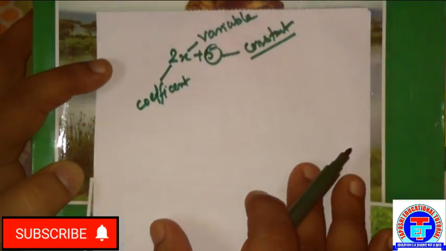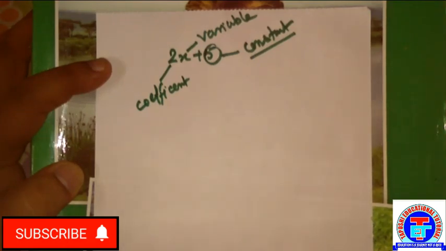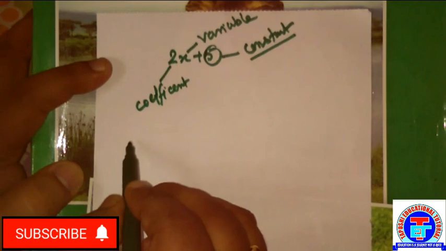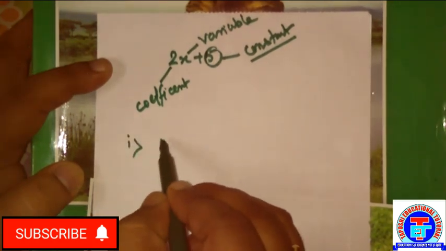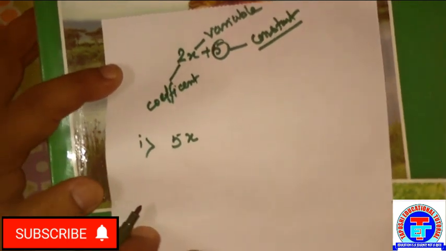Right, student? Okay. Now, we already learned the monomial, binomial and trinomial. Here it is given: find the numerical coefficient of the following terms. Number 1 is 5x. So 5 is the numerical coefficient.